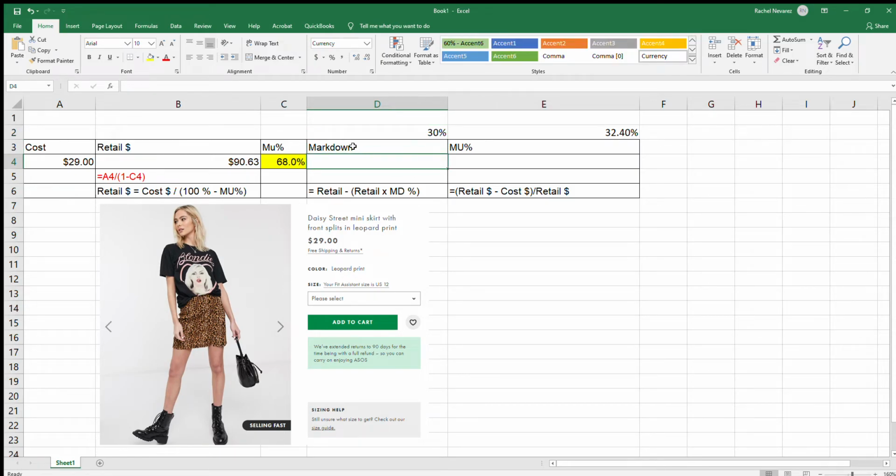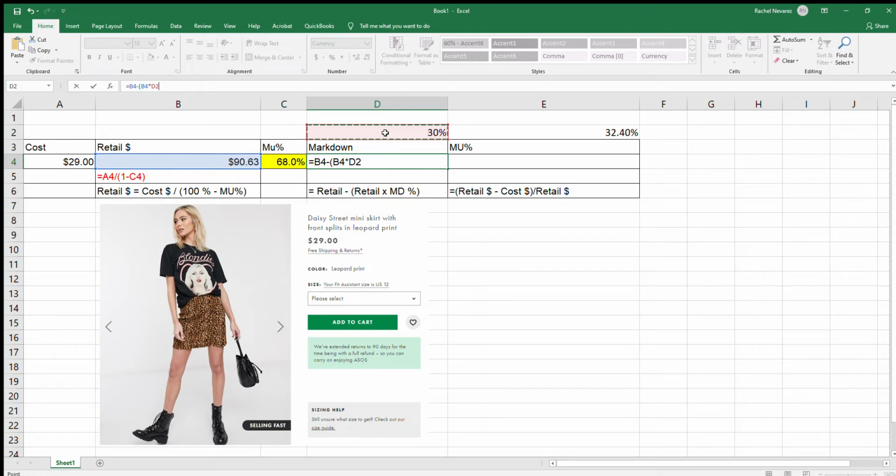I need to calculate my new retail price. So this is going to equal my retail minus my retail times that discount amount, right?